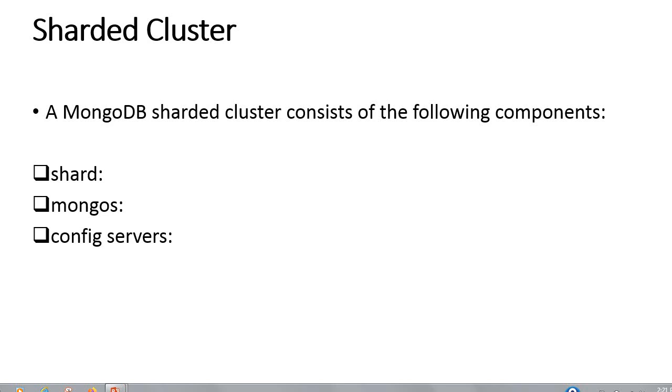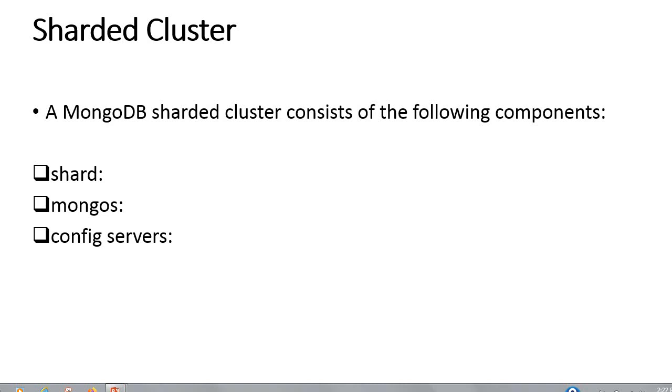MongoDB uses the shard key to distribute the collection's documents across the shards. The shard key consists of a field or fields that exist in every document in the target collection. You can choose the shard key when sharding a particular collection. The choice of the shard key cannot be changed after sharding.